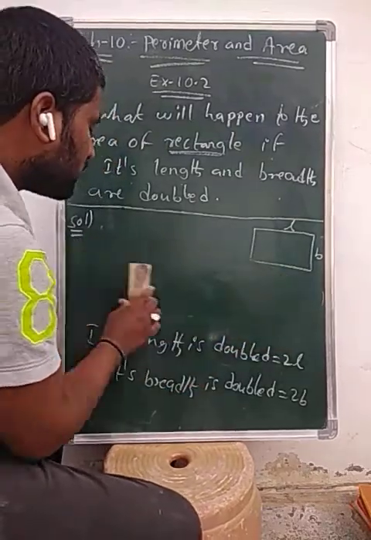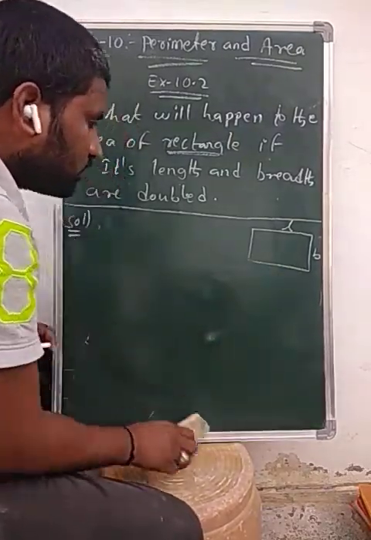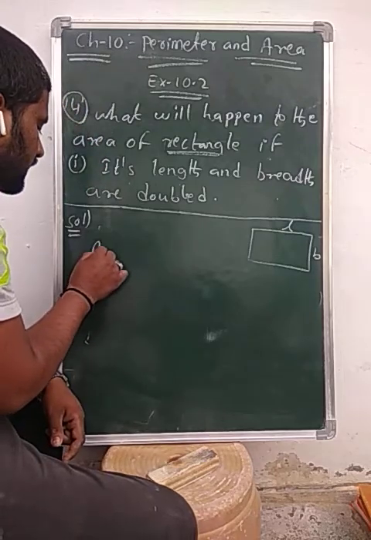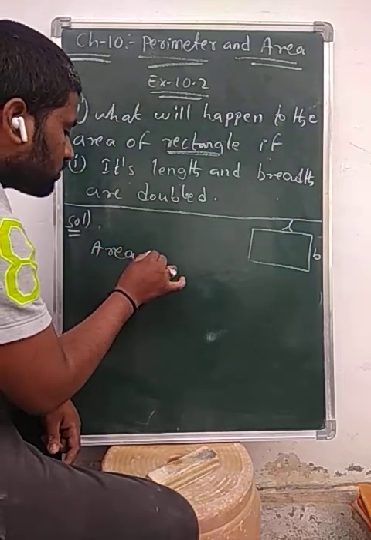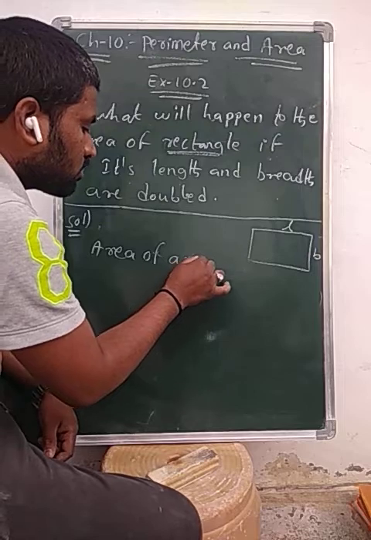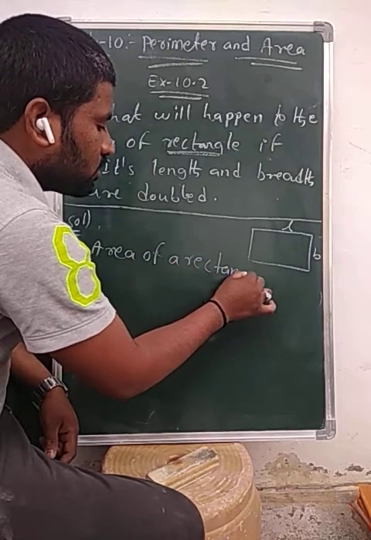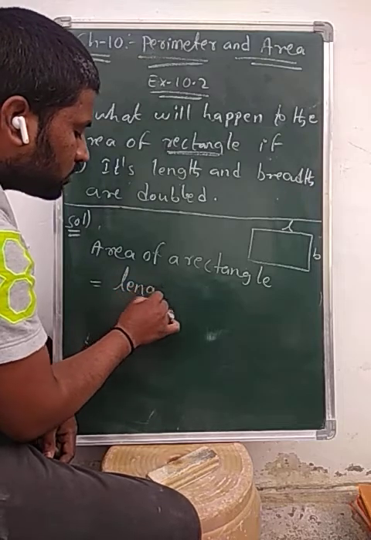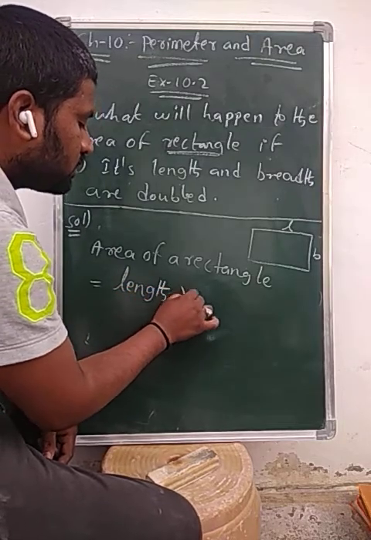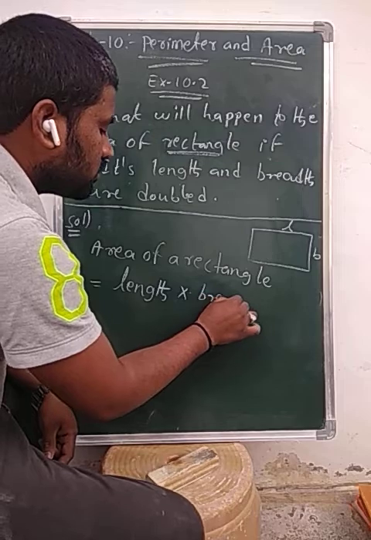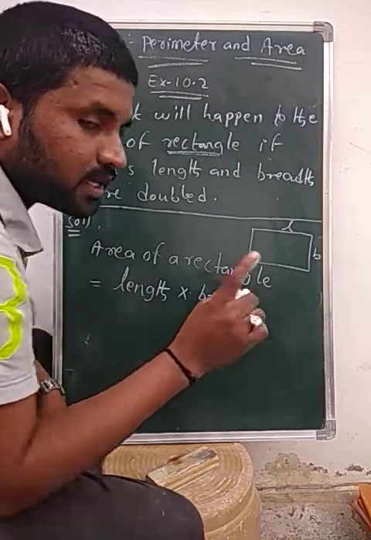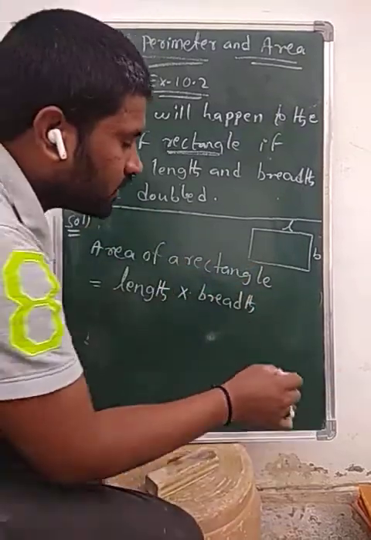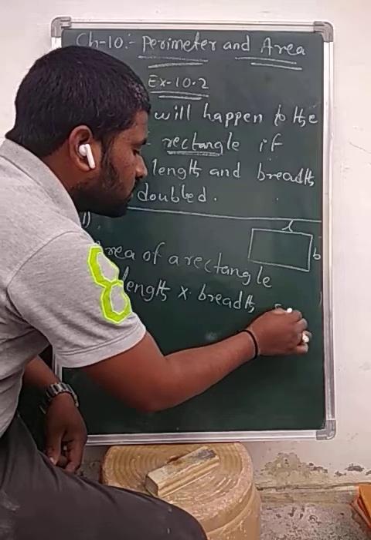Area of a rectangle is equal to length into breadth. Area is always in square units.